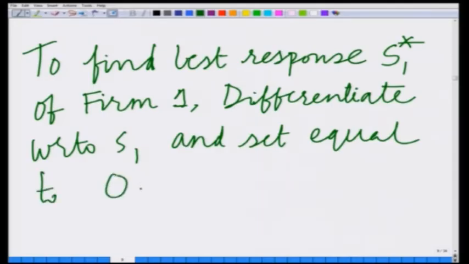That is how, remember, we found the best response of each player in the tragedy of commons, because these are continuous, differentiable functions with respect to S1 and S2. To find the best response S1, I can differentiate it with respect to S1 and set it equal to 0.